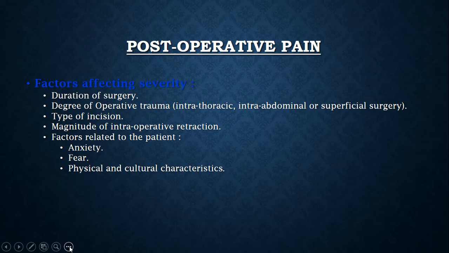Type of incision plays a vital role, like in thoracic surgery or upper abdominal surgery where subcostal incisions are used, the patient would have more pain, and due to pain would have restricted respiratory muscle movement, leading to atelectasis, pneumonia, and respiratory failure. Other factors include magnitude of intraoperative retraction, and factors related to the patient, such as anxiety, fear, and physical and cultural characteristics as well.